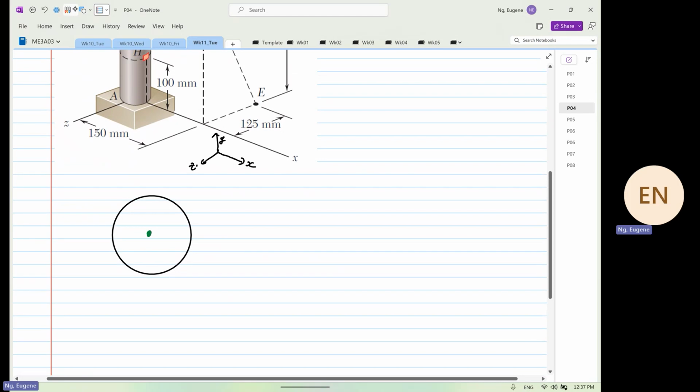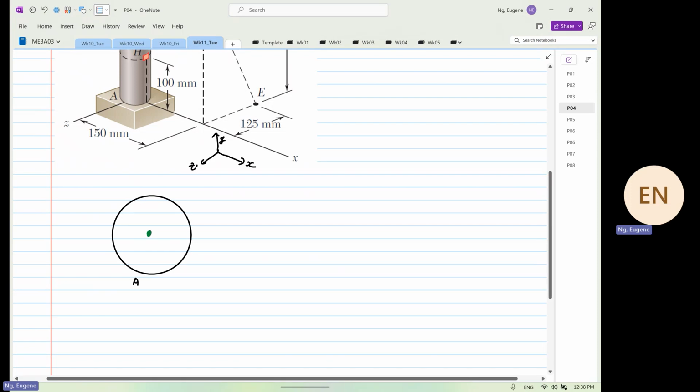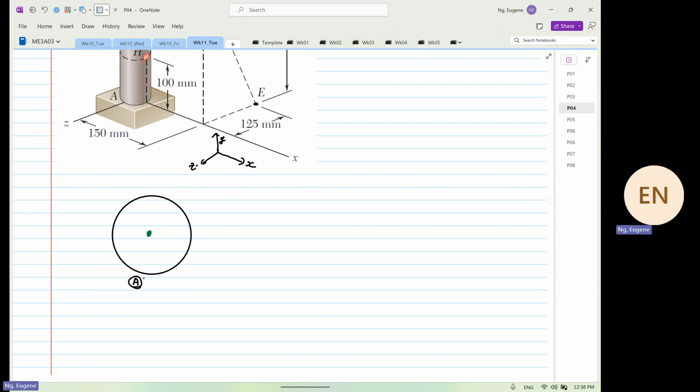And then you can see down there in our diagram, this is labeled A down here, okay? So I'm going to address the element, okay? So this is our elements.